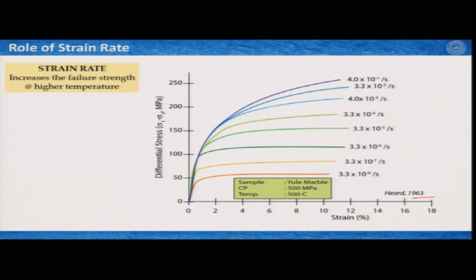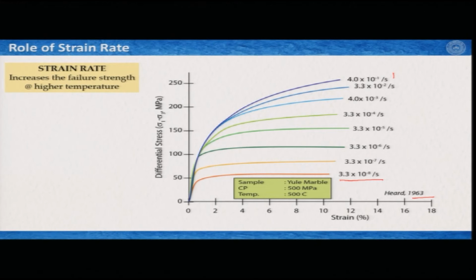The confining pressure was 500 megapascal and the temperature was 500 degrees centigrade. So, these two were kept constant, and he varied the strain rate from 4.0 x 10 to the power minus 1 to 3.3 x 10 to the power minus 8 per second.